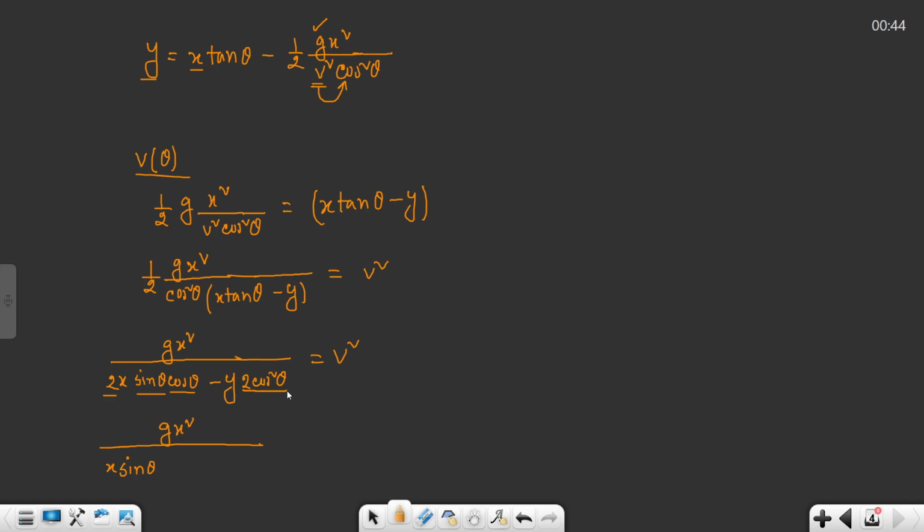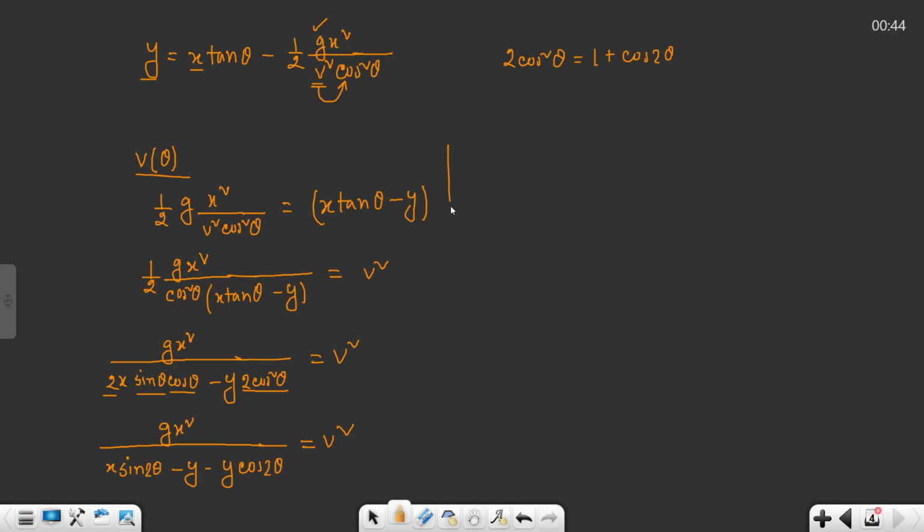Now, if you look at this, we have 2 cos square theta. We know that 2 cos square theta is nothing but 1 plus cos 2 theta. So we put that here, and that gives us a neater version.